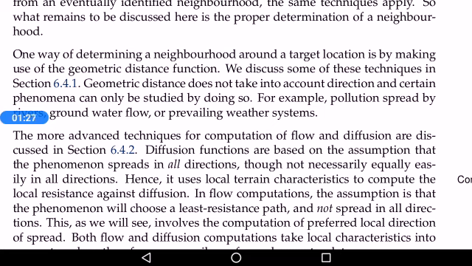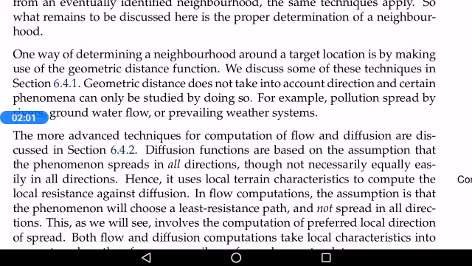It might spread in all directions, but not necessarily equally in all directions, because it depends on what kind of weather conditions or what kind of resistance it is facing while it is spreading in all directions. Now the resistance depends on the terrain characteristics, the local terrain characteristics, what are the weather conditions, or what are the terrain characteristics of that location.